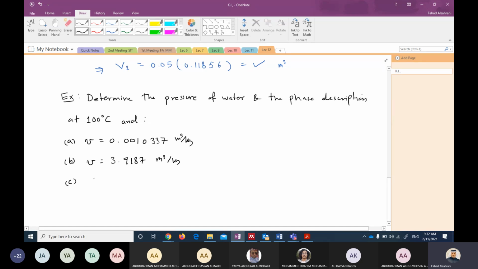And the last one is V equals 1.235 meter cube per kilogram.